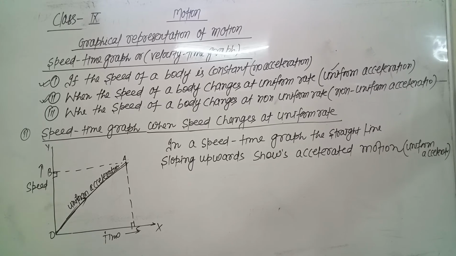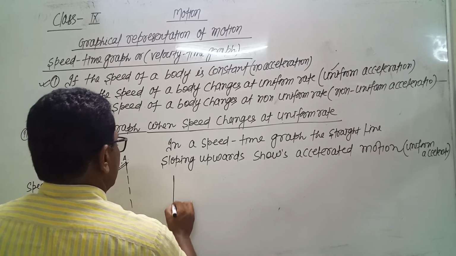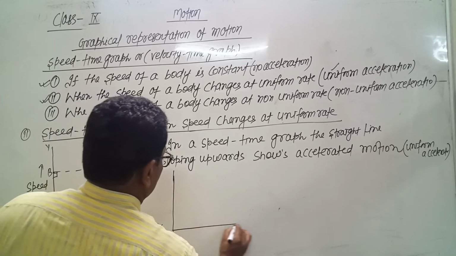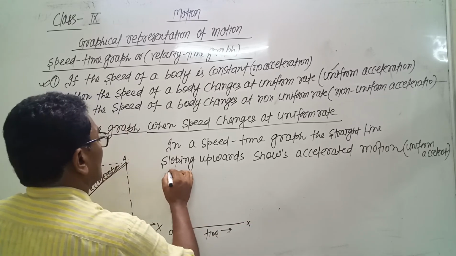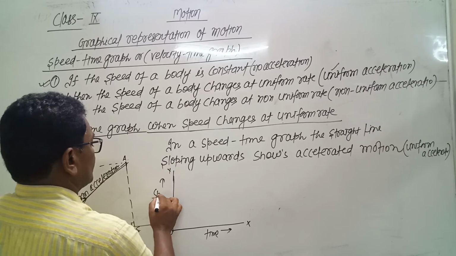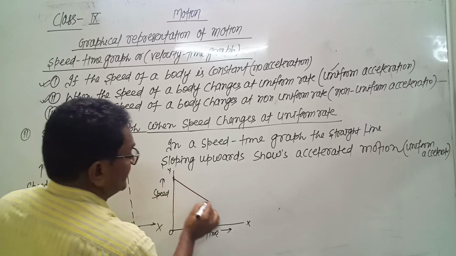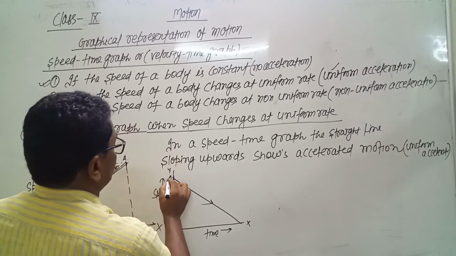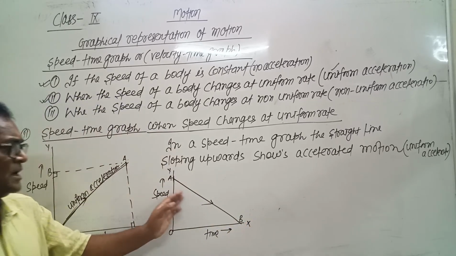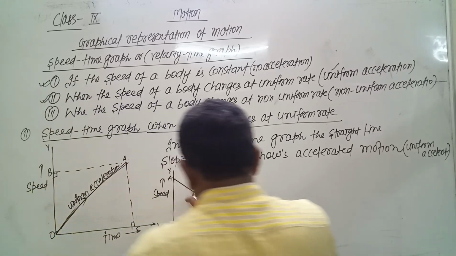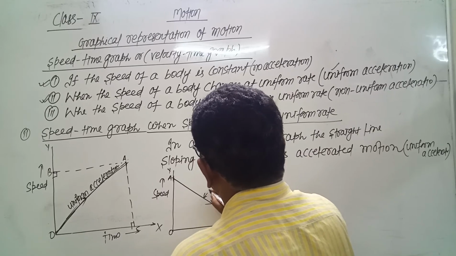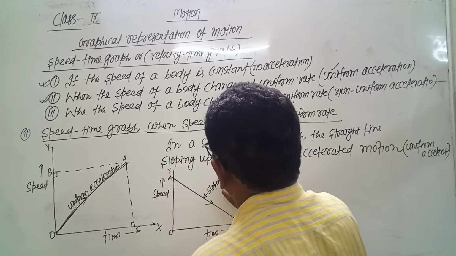And if the speed time graph is like this, with time axis and speed axis, a straight line like AB, it means it is sloping downward. So this indicates sloping downward.